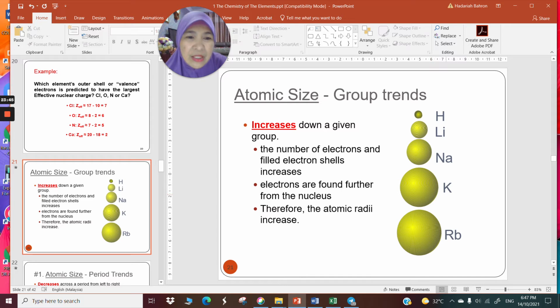It becomes a lot bigger. Potassium on shell number 4, bigger, and rubidium, on shell number 5, biggest. So going down a group, the size increases. Going to the right in the same period is going to decrease the size because of the effective nuclear charge.